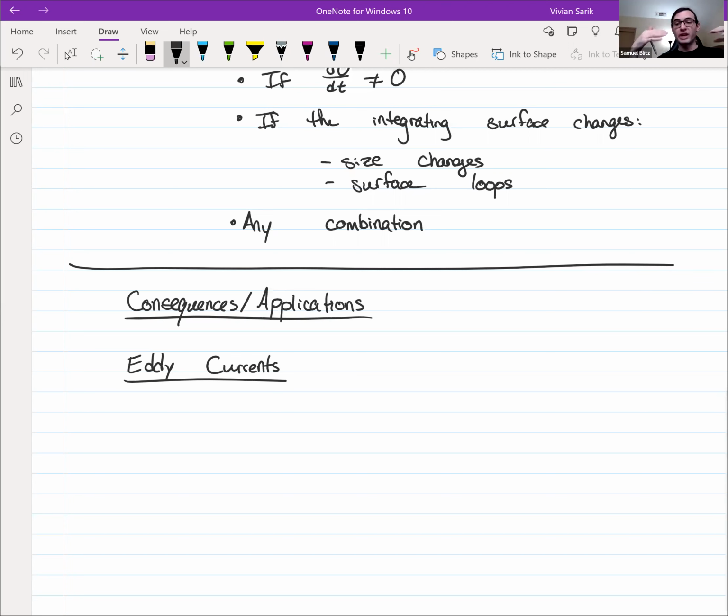And so from Newton's third law, equal and opposite reactions, if the bar is applying a force downwards on the charges to prevent them from moving up, that means that the charges are applying a force upwards on the bar. So in order to keep the bar moving at a fixed rate, you have to apply a force downwards, so the net force on the bar is 0. And in that sense, the magnetic field that the bar is moving through kind of acts like a brake on the moving bar.